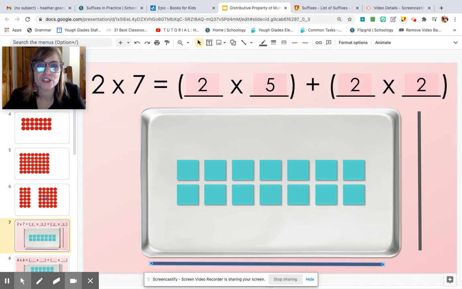Now, remember, distributive property tells us that we can distribute our multiplication math facts into 2 simpler facts and if we add them together, we would get the total amount. All right, I cannot wait to see your exit ticket and to see how you do with this.